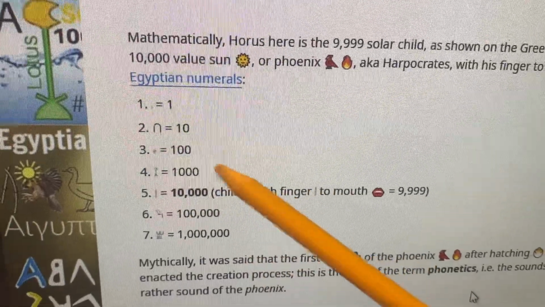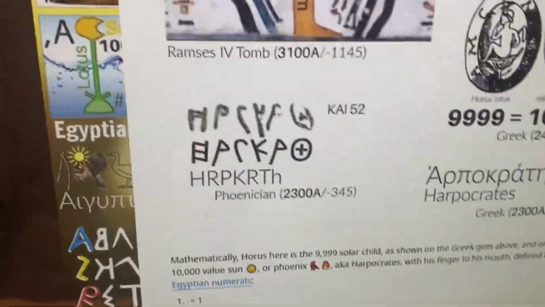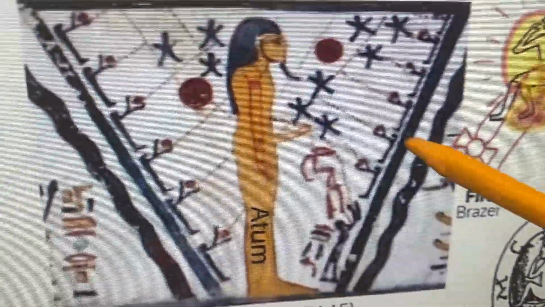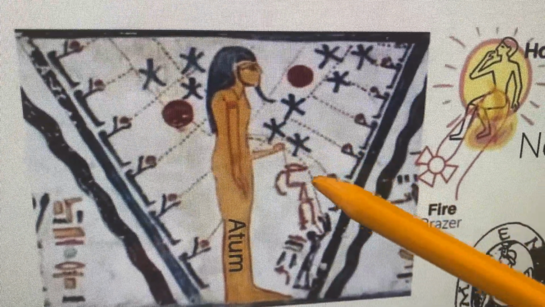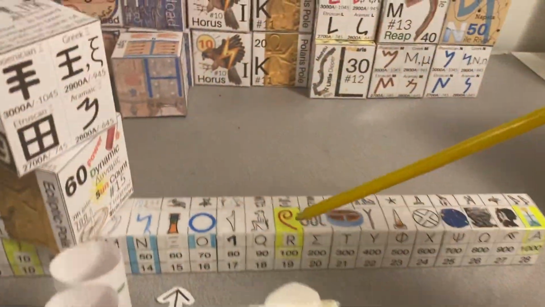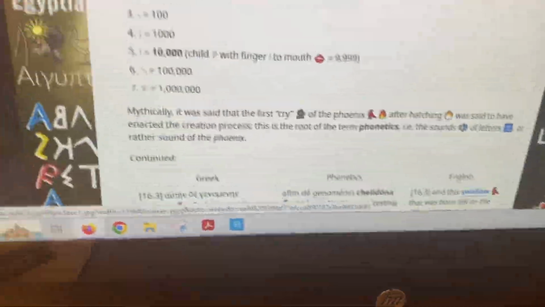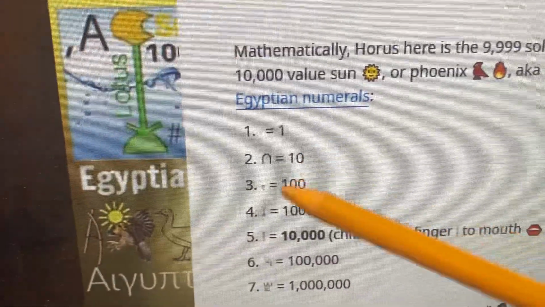So this is a cipher that the Harpocrates child here, or the burning sun being ejaculated out here, is the 10,000 value sun, whereas the most powerful value sun is Ra, the summer sun at noon, which is where letter R comes from. You see the ram horn there?